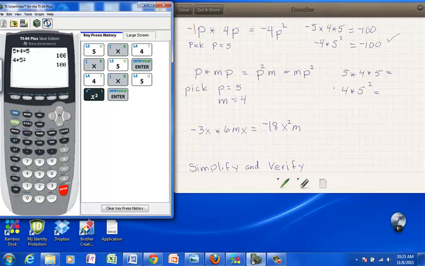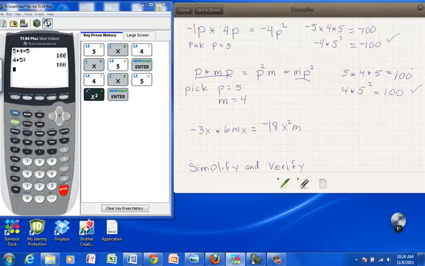Interesting. And again, those 2 answers match, so those answers check. Basically what I'm saying is that this thing that I started with is equal to this expression that I got when I was done, which is why these 2 numbers have to be equal over here.